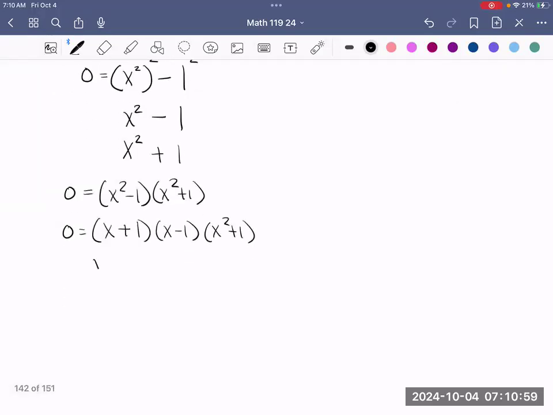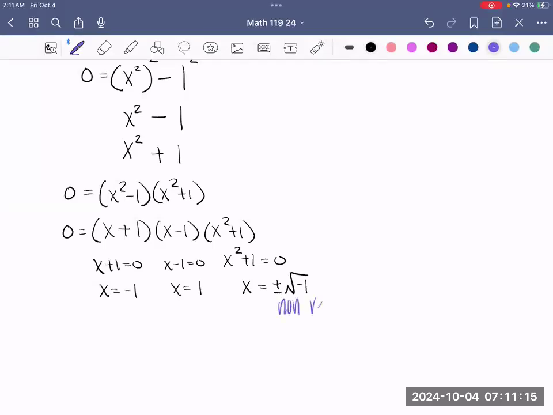Now, when we go to find your solutions, we can set these equal to 0. So you get x is equal to -1, x is equal to 1, and x is equal to plus or minus the square root of -1. Now, this is a non-real solution. If we did have more time, we could show you a little bit more as to how to graph these.